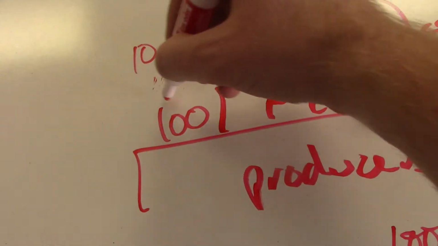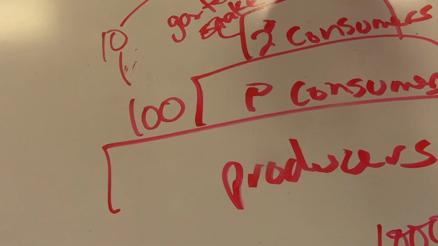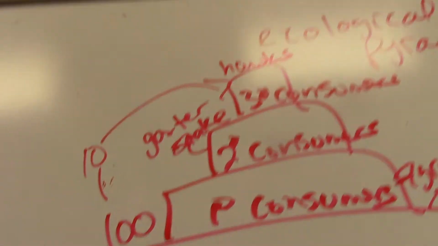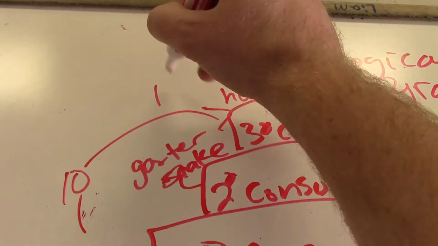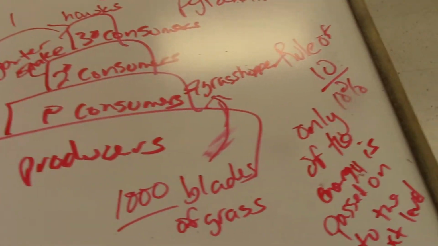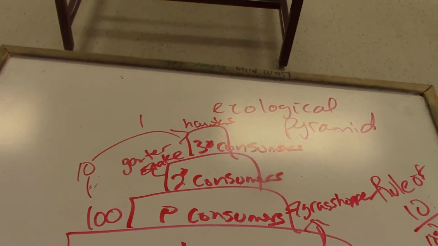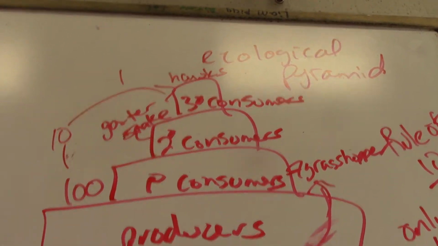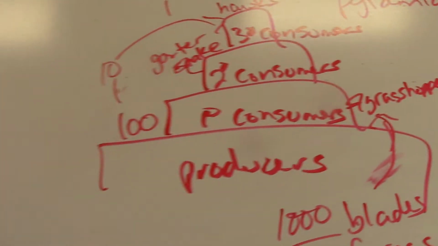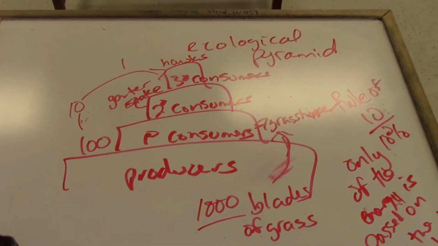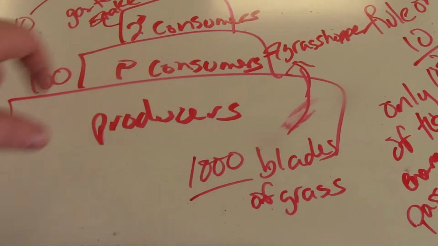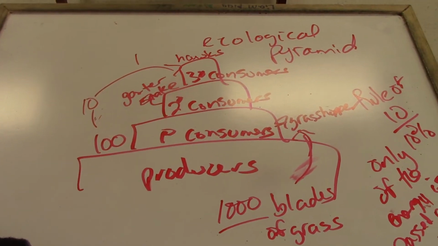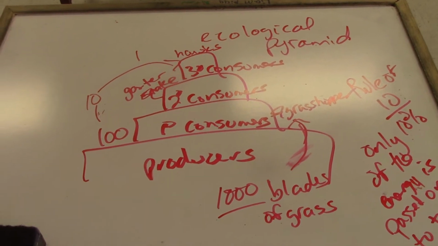And then as we go to the next level, let's say these are hawks, there would only be one hawk. So the deal is, in order to have a very large predator, you have to have a large base in order to sustain that, because we lose 90% of the energy when one thing consumes another, because of heat and inefficiencies in the digestion process.